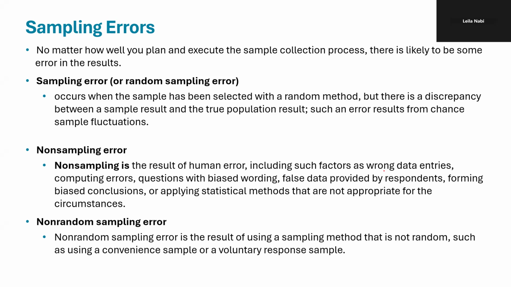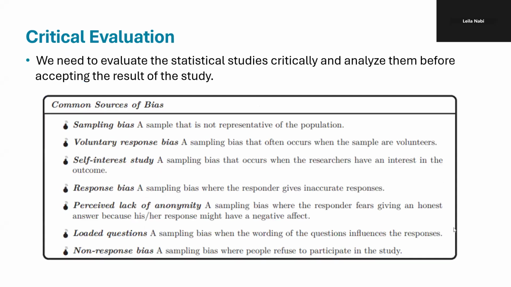And a non-random sampling error is when you select techniques to choose samples that are not random, like you use the convenience sampling method. So you don't have a random sample. So it's called a non-random sampling error.